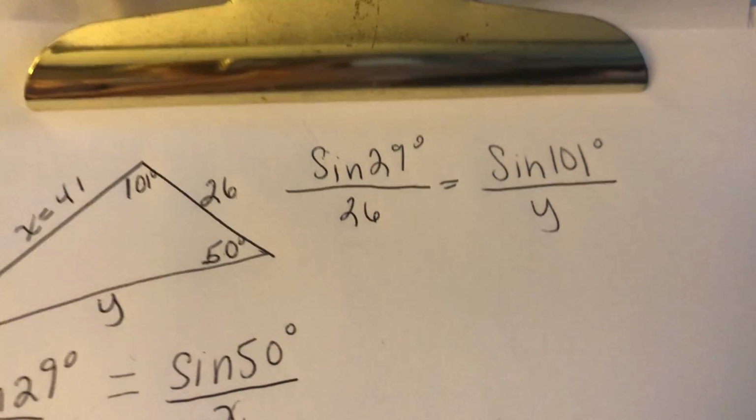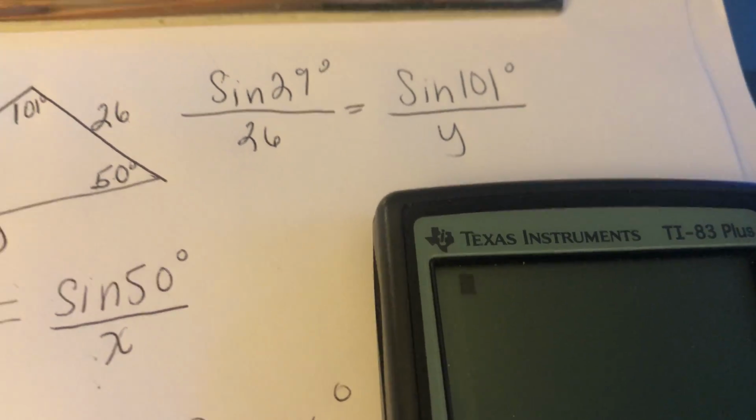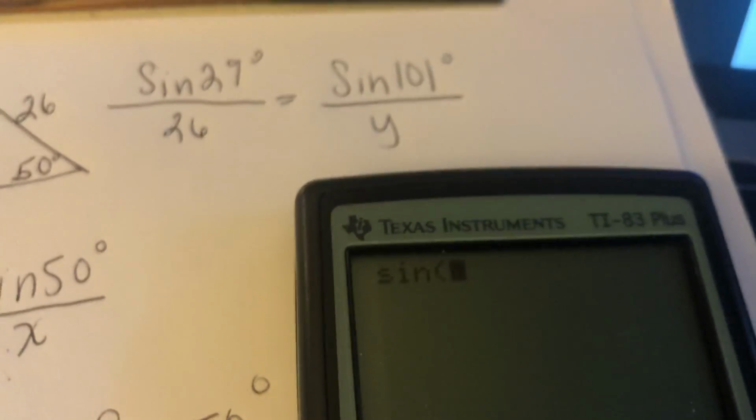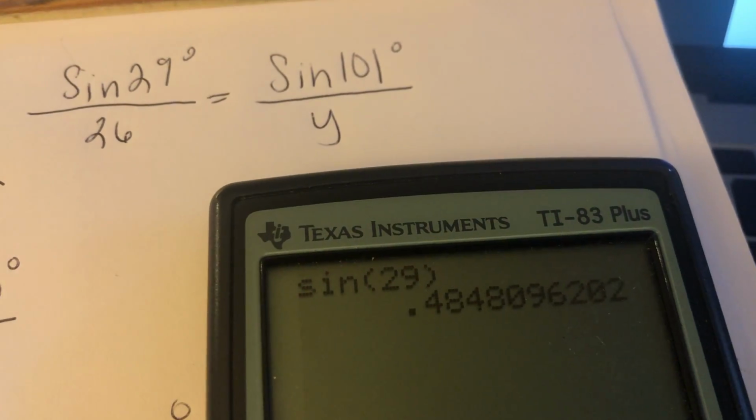Why don't I do it using the decimal this time? Just in case anybody would rather see that. So let's see, the sine of 29 degrees, I'm going to round to about 0.485.